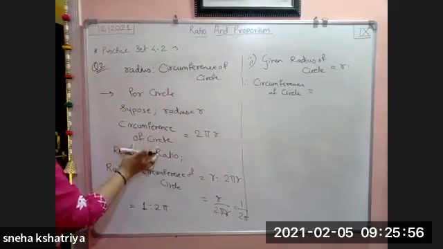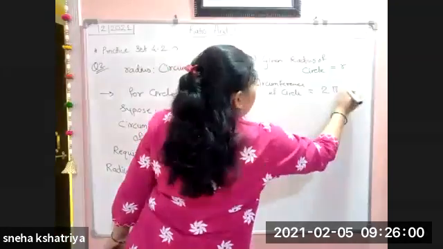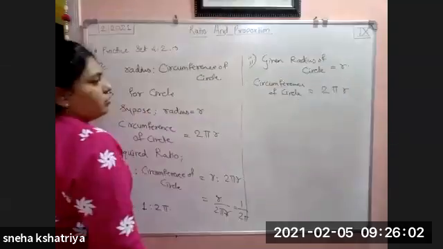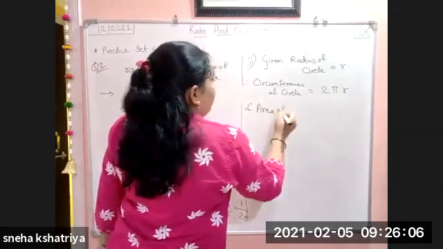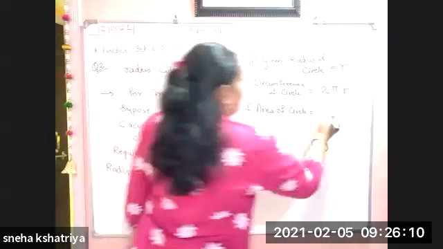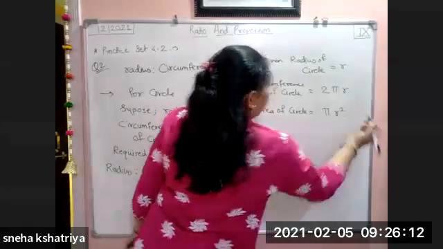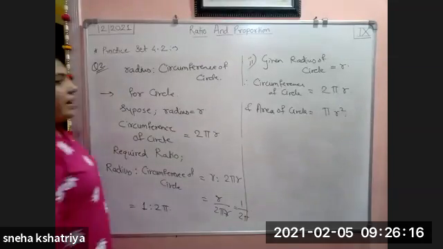What is the circumference of a circle? 2 pi into radius. So again the same value will come, that is 2 pi R. And the area of the circle. What is the area of a circle? The area of a circle is pi R square.